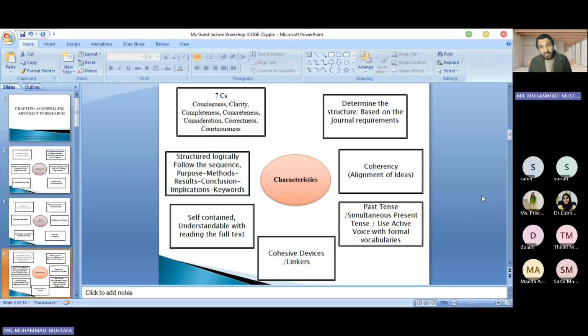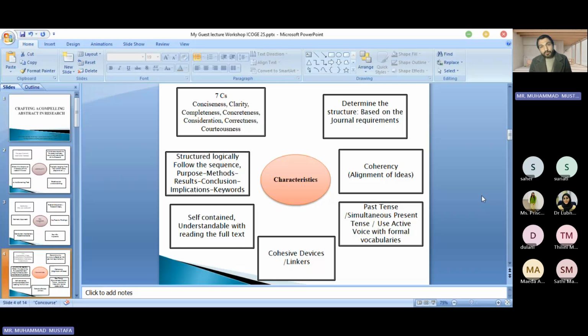What is the criterion of your university? Which format are they asking for, like MLA style, APA style, or Chicago style? There are a few styles of writing research papers, including your abstract.